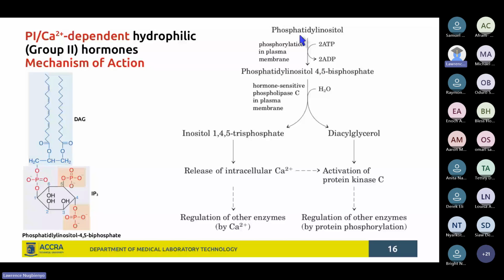So you have two molecules of ATP coming in that reaction. From phosphatidylinositol with two molecules of ATP, phosphorylation occurs to give you phosphatidylinositol 4,5-biphosphate, which is the whole structure that you are seeing there.